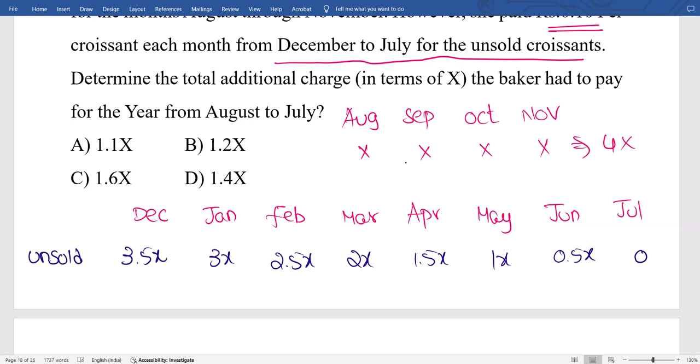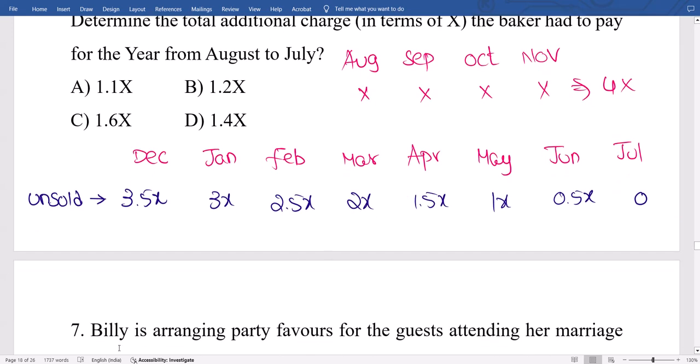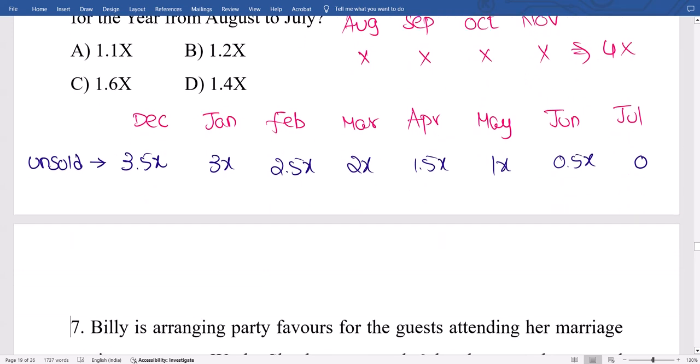Out of 4x, 0.5 sold, unsold is this much. In January, 0.5 sold, unsold is this much. Now, for unsold, we are charging 0.1. First of all, how much is unsold? Unsold is totally 6.5, 9, 11, 12.5, 13.5, 14x.